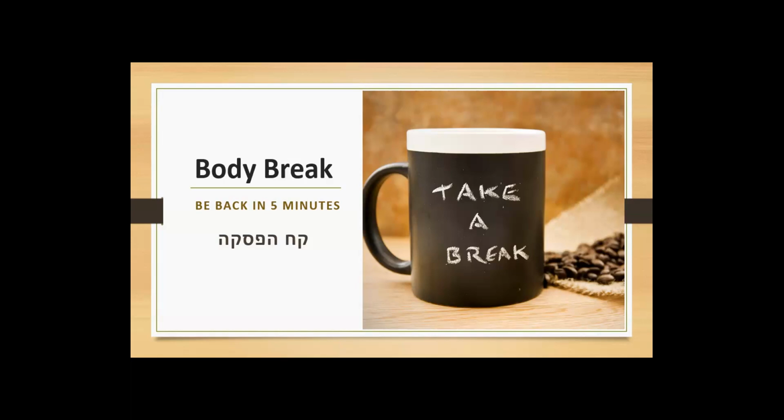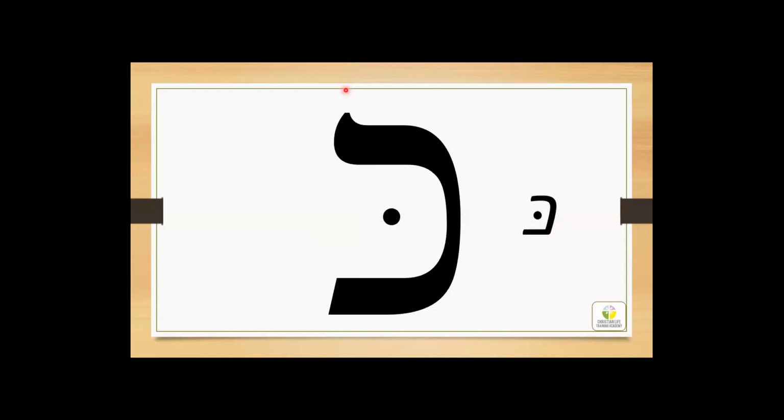Marvelous. So you've got those, and next week we will start with the Kaf. But we're not going to do that now. Let's just do those five that we did tonight. You're going to learn them and know them.